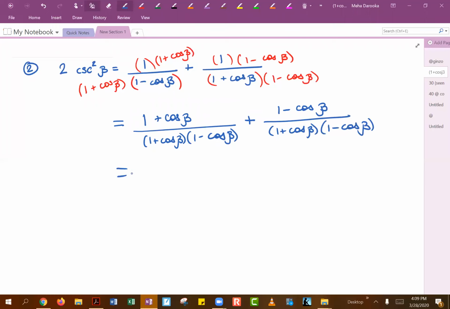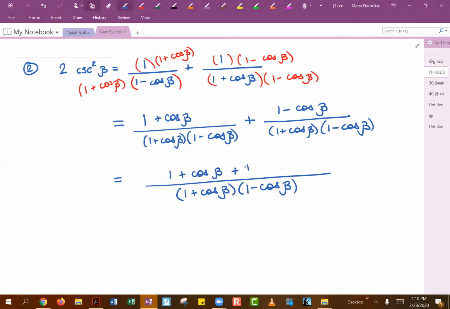So this is how we find our common denominator. So since it is a common denominator, I'm actually going to bring them together. And then add your numerator, so that's 1 plus cosine beta plus 1 minus cosine beta.